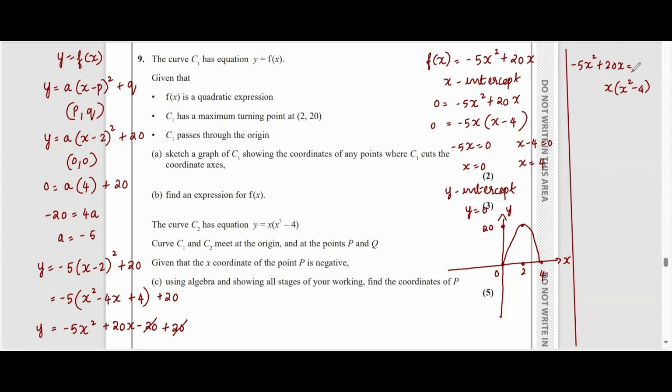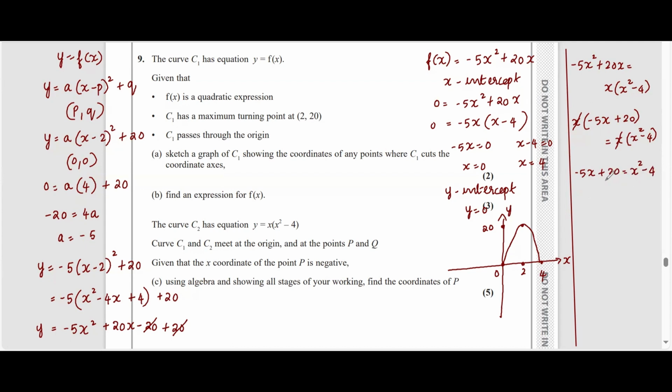Minus 5x square plus 20x, I can take x common from here. If I take x common, we have minus 5x plus 20 is equal to x into (x square minus 4). So x and x get cancelled. So we have minus 5x plus 20 is equal to x square minus 4.